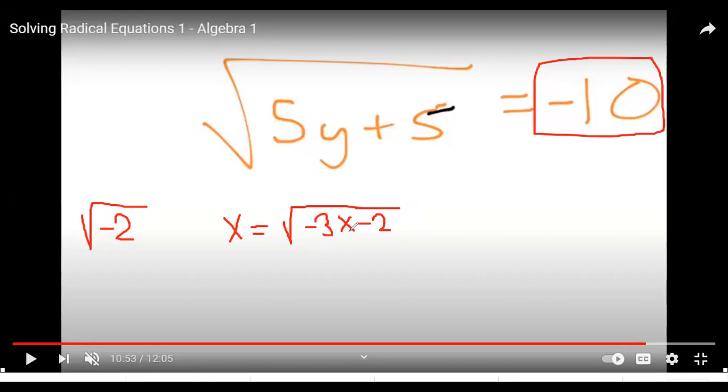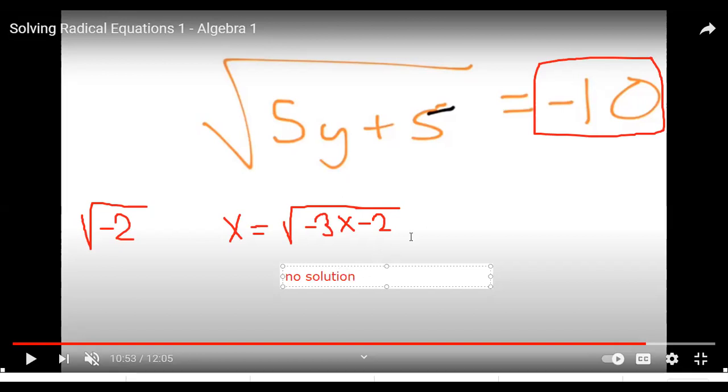Does this one have a solution or no solution? No. So this one will be no solution.